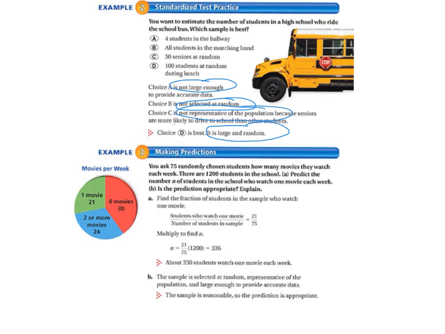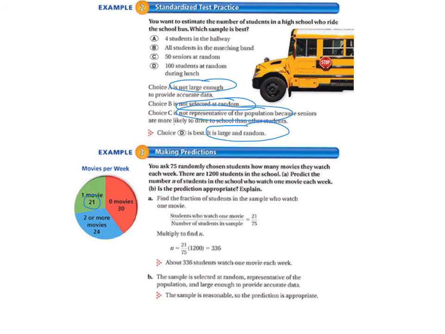It says find the fraction of students in the sample who watch one movie. So students who watch one movie over the number of students in the sample. There are 21 students who watch one movie, so we're going to put 21 over the number of students in the sample. If we add up all of the students in the sample, that's 75.